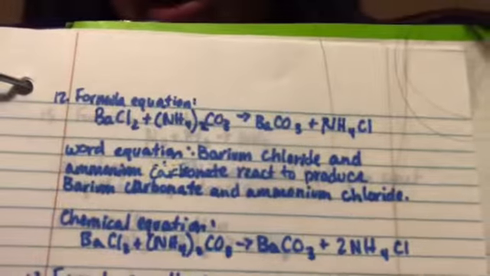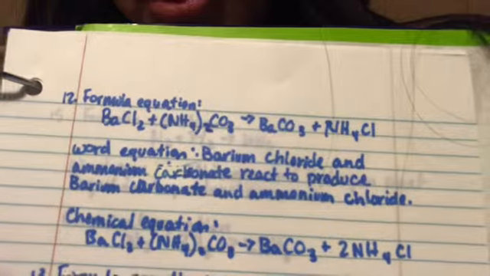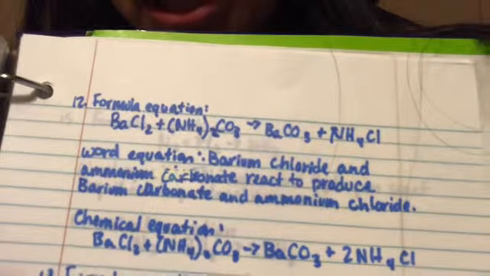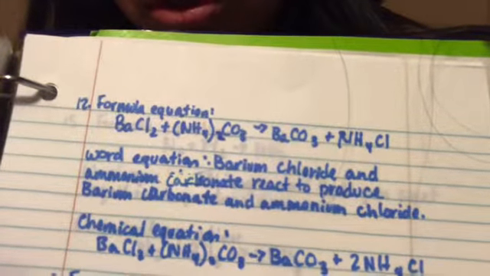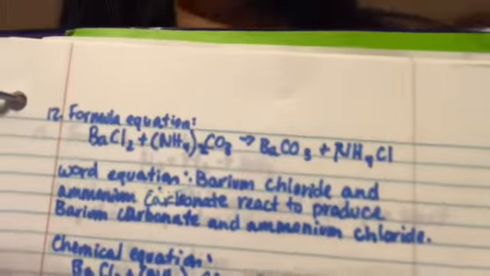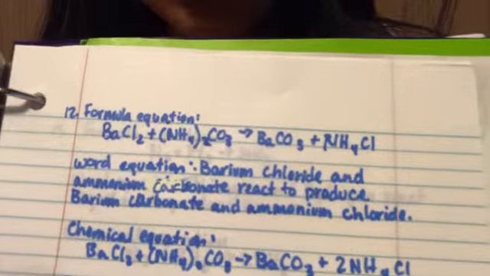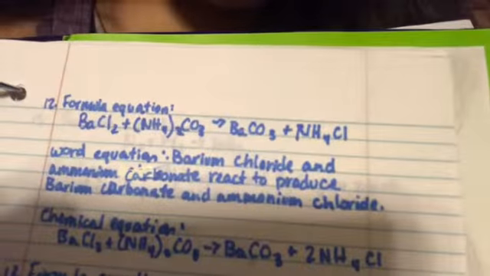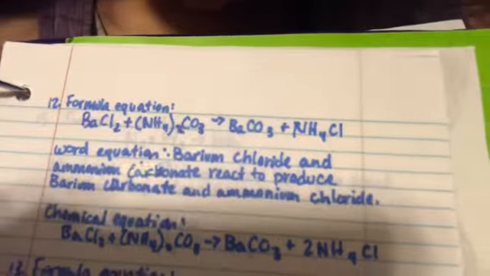So, okay, we have 12 right here. The formula equation is BaCl2 plus (NH4)2CO3. In the reactants and in the products, we have BaCO3 plus NH4Cl.